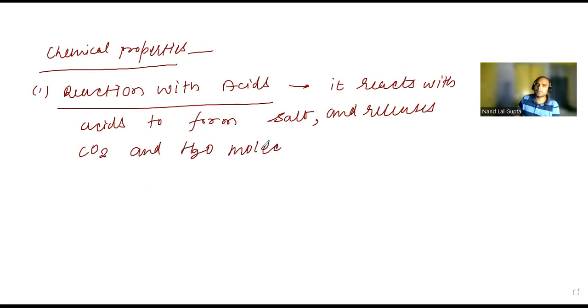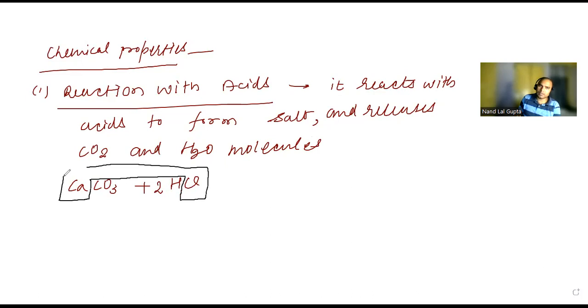Here you see, if I am taking CaCO3 and treating it with 2 moles of HCl, the main product, the salt, that will form has Ca and Cl, so the compound CaCl2 is forming.